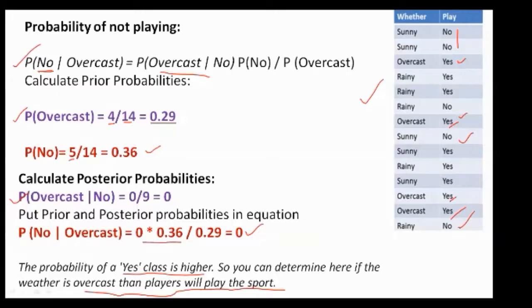So weather is overcast, temperature is mild, given yes, and P(yes). Now how to find this factor? P(weather is overcast, temperature is mild | yes) is computed using this formula: P(overcast | yes) multiplied by P(mild | yes). So to find this probability we have to use this formula.